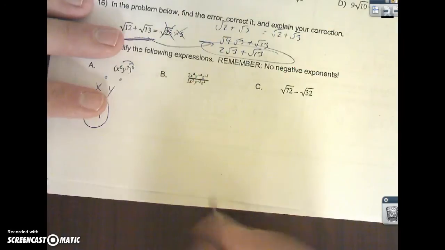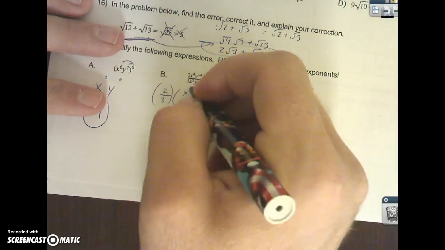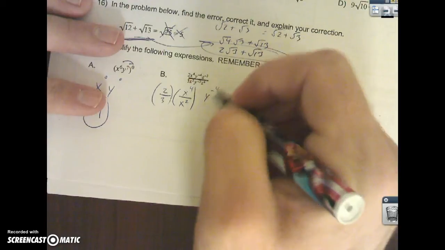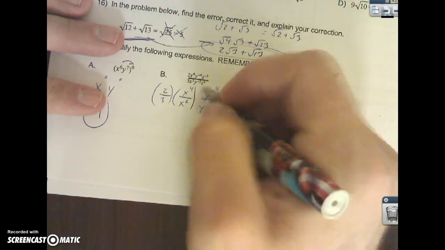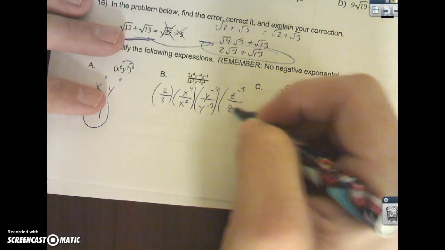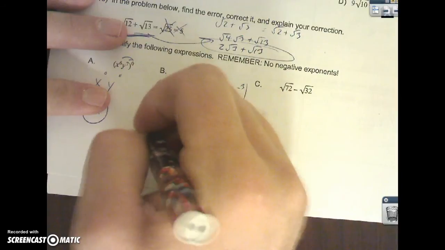This is kind of a hard problem to see. 2 over 3. Awesome. X to the 4th over x squared. Cool. Y to negative 4 over y to negative 3. Tubular. Z to negative 3 over z to the 4th. Cowabunga. Okay, so 2 over 3 stays 2 over 3.